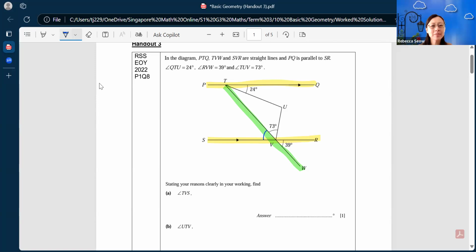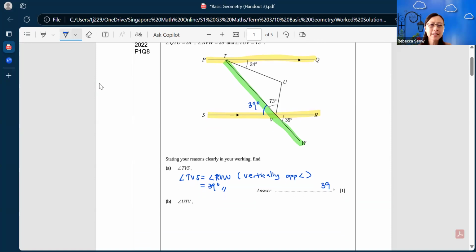So using vertically opposite angles, angle RVW is equal to angle TVS. So that's 39 degrees.